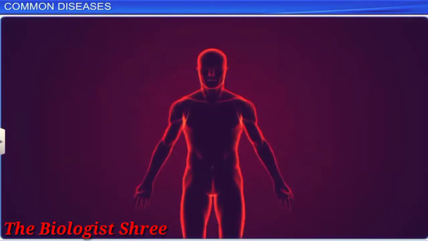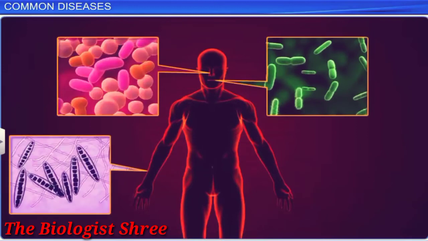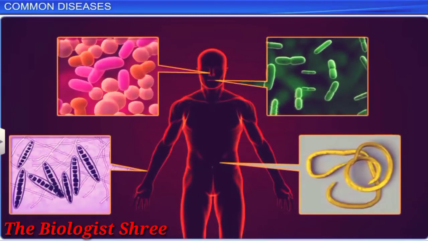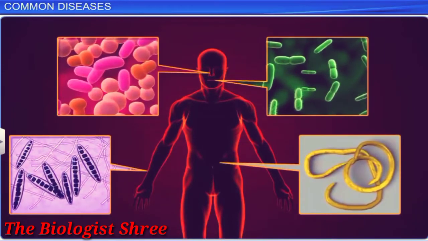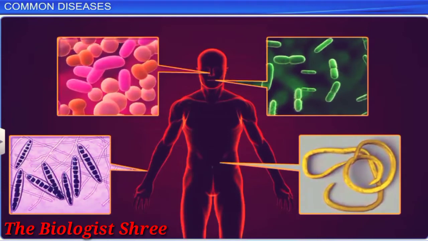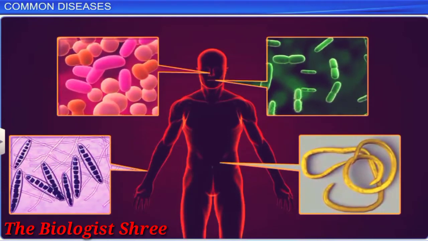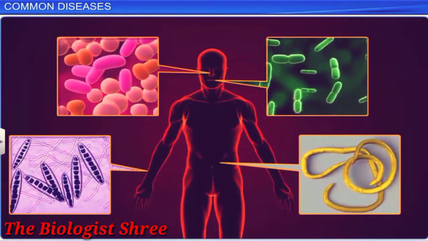Pathogens enter our body through various means, adapt to the environment inside the body, and multiply inside. They then interfere with normal bodily functions, causing either morphological or functional damage.